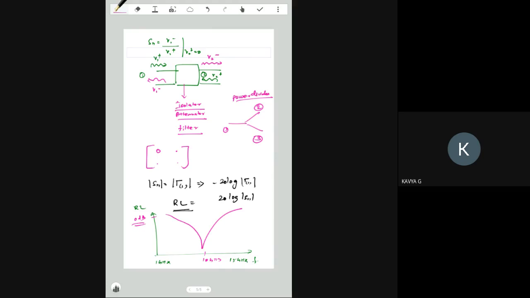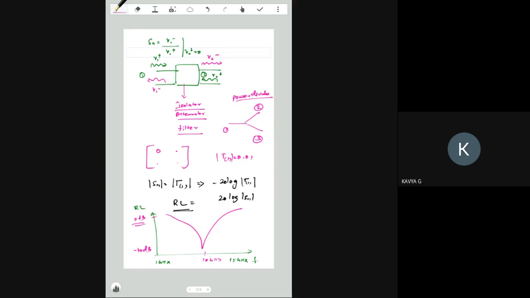Let us say you put some value, 0.01. If mod gamma is 0.01, how much return loss will you get? 20 log of 0.01. It's 10 to the power of minus 2. I can bring the minus 2 out of the log, so minus 40 dB. So my return loss becomes minus 40 dB.